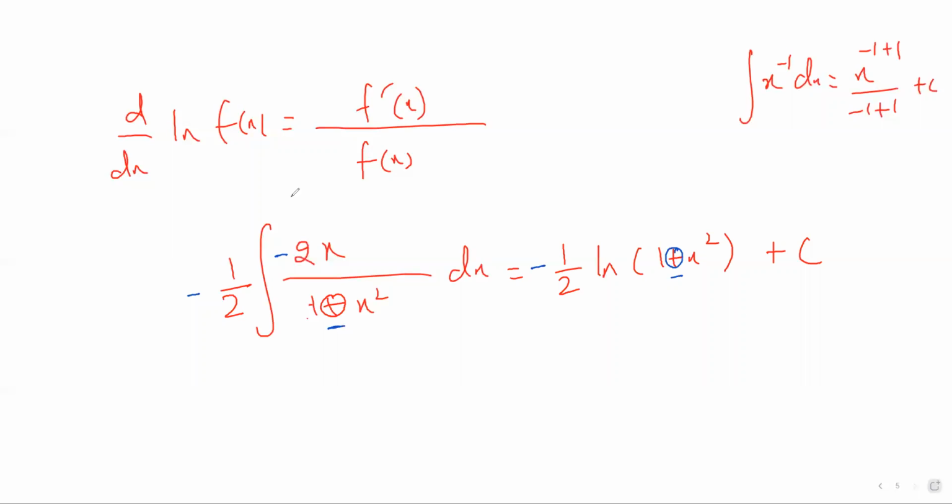Then the next case was when you have 1 over 1 plus x squared. Normally, students think that, yes, we can write here times 2x, and we can write here 1 over 2x. You cannot do this. You cannot introduce any variable into your expression that you're going to integrate, okay?